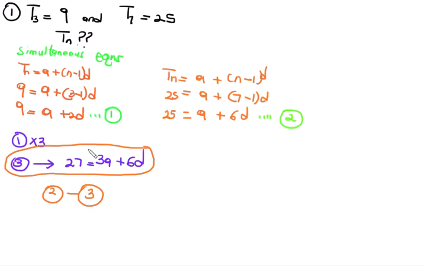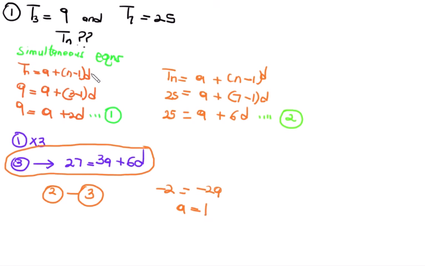So this is going to give an answer of negative 2. This will be negative 2 is equal to a minus 3a. This is going to give negative 2a. 6d minus 6d is 0. So from here we solve for a and find out that a is equal to 1.